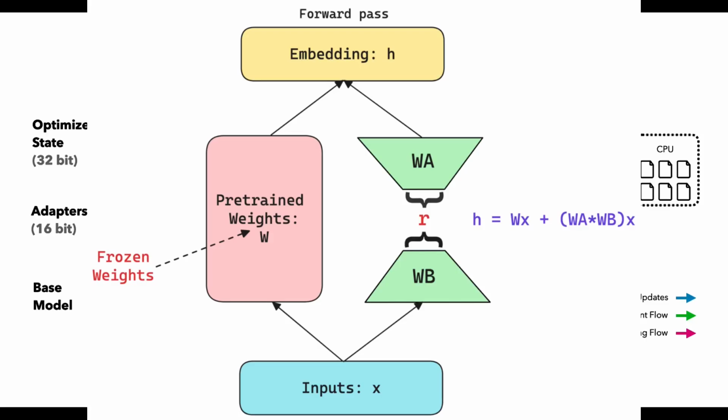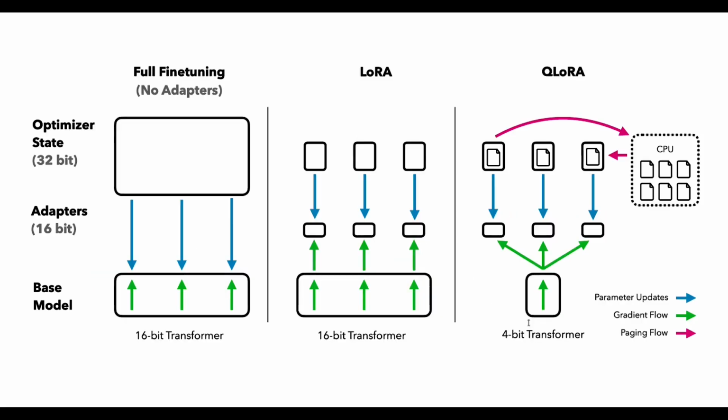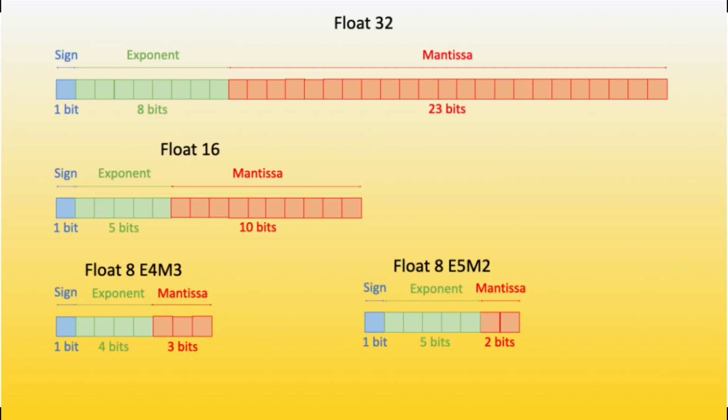And QLoRa, that is quantized LoRa, further elevates this concept by introducing quantization into the mix. The mechanism here is about reducing the precision of the elements in weight matrices. So instead of using high-precision floats like 32-bit floating point numbers, quantization represents these values with lower precision formats like 16-bit or 8-bit or even 4-bit.